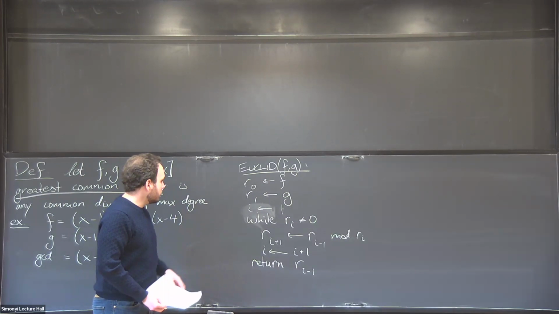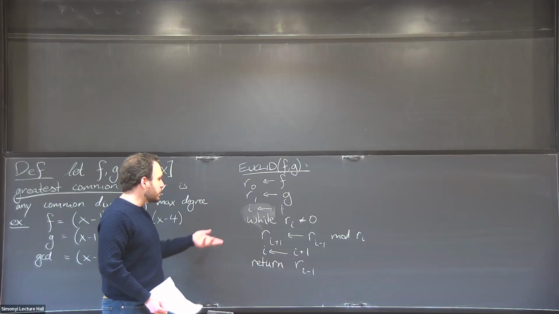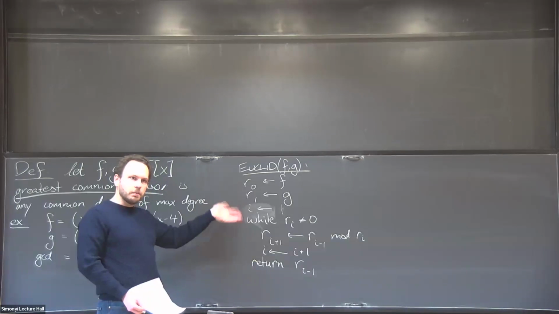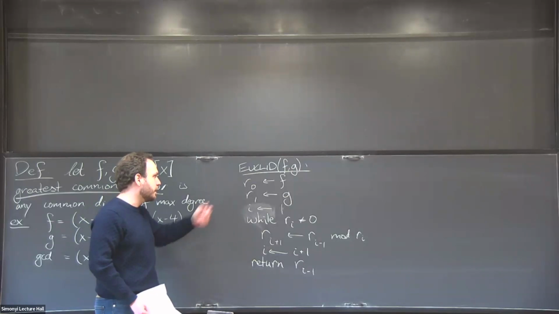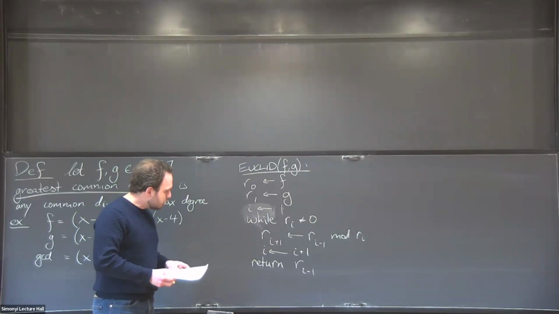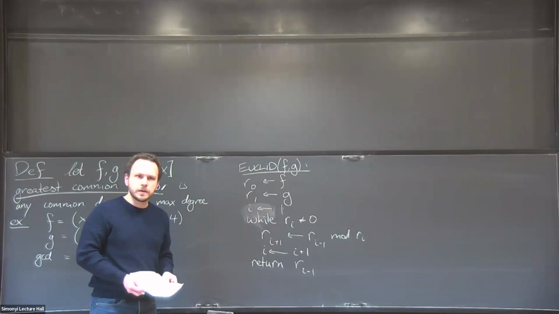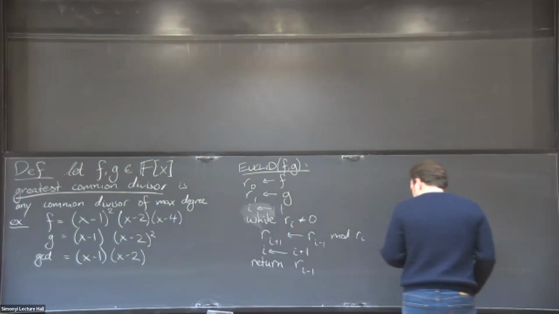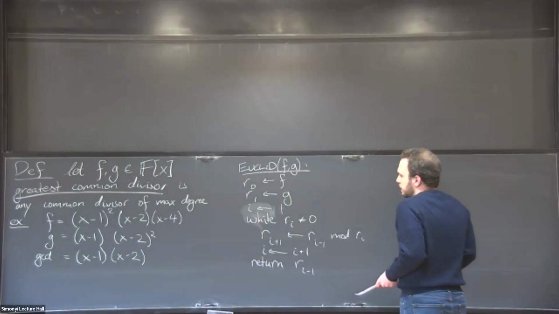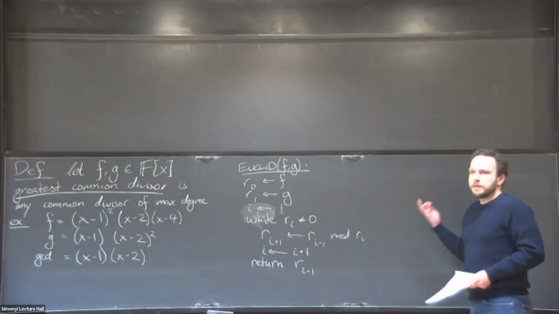If you want to look at the running time of this, this is going to take you some polynomial number of arithmetic operations, polynomial in the degree of f and the degree of g. This algorithm also works for integers. It's some polynomial time algorithm. And you could consider two different ways of improving this. One is, can you get a faster algorithm?